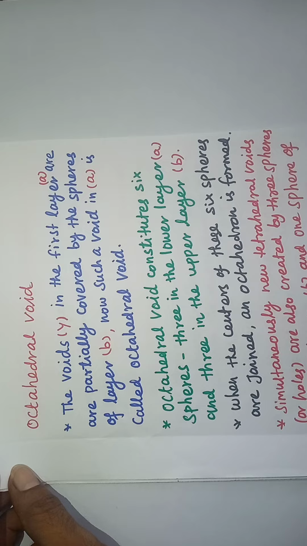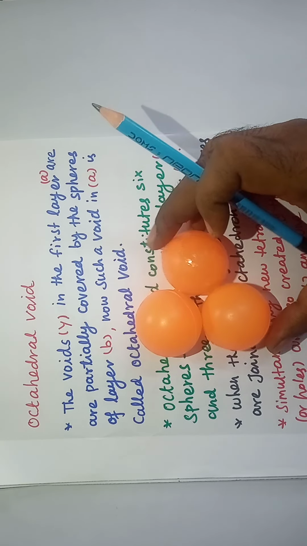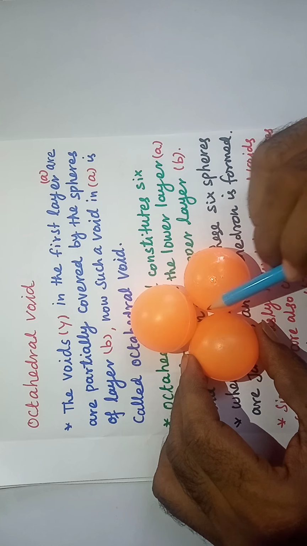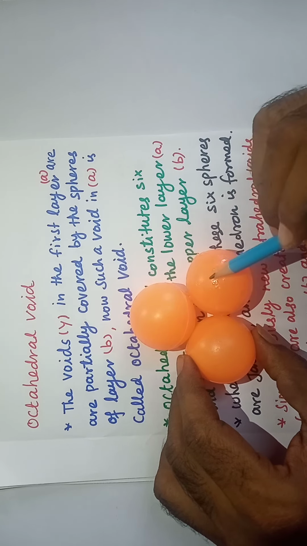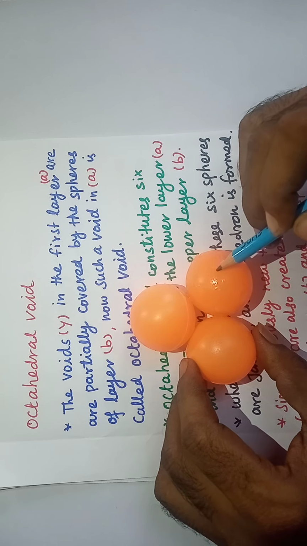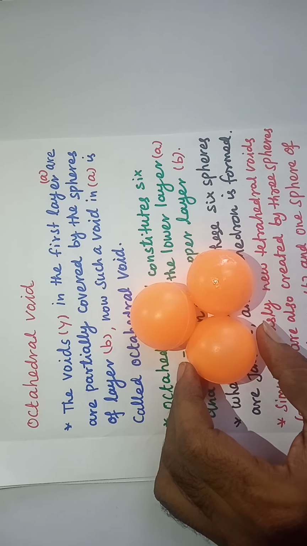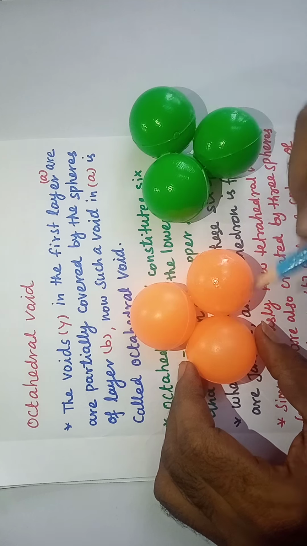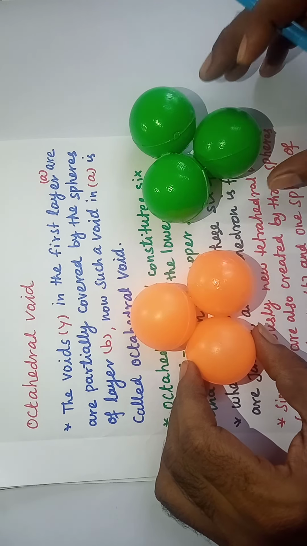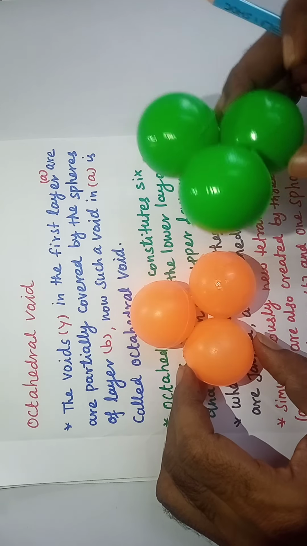Here we are taking layer A. Here the apex is in the downward direction. It is designated as the Y void. This is layer A. We place layer B by partially covering the void Y.